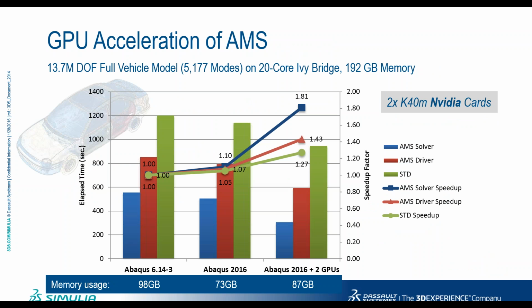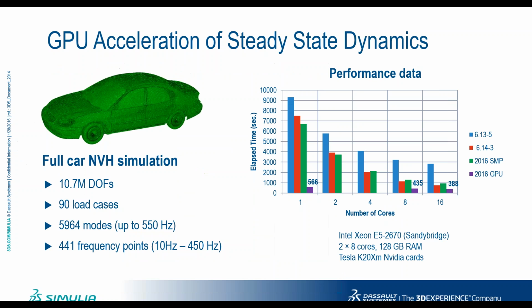Okay, so what's also new is the analysis performance improvements. Now you can use your GPU more efficiently. As you can see, you can achieve quite significant speedups, especially if you use multiple GPUs in your computer, up to 1.8 times the speedup by using the AMS architecture with your GPU.